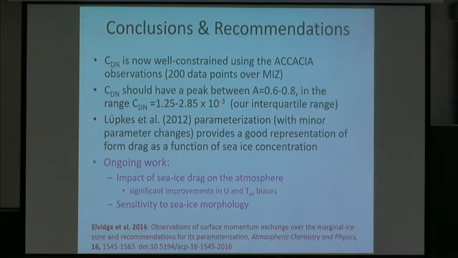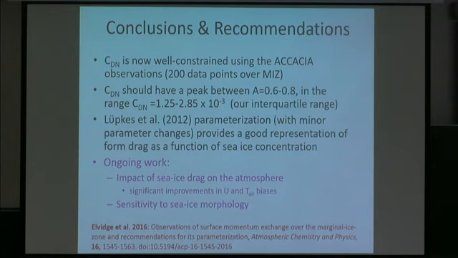So, conclusions then. We'd argue, based on our recent observational analysis, that CDN is now reasonably well constrained. We've got 200 data points, more than doubled what was previously available. We'd recommend that parameterization schemes in sea ice and climate models should have a peak in the marginal-ice-zone, and that the Lüpkes parameterization does a pretty good job, especially if it's tuned with some minor changes based on our work.